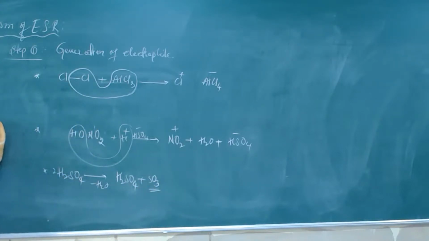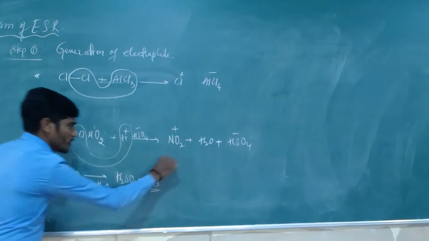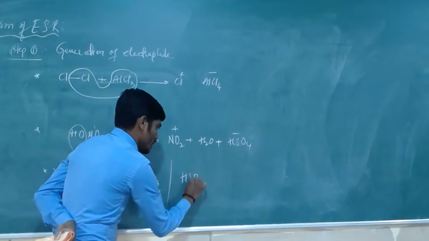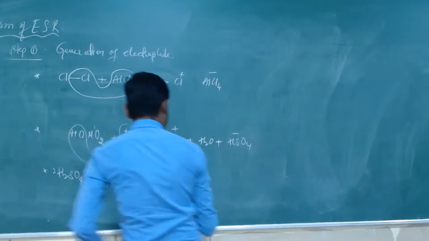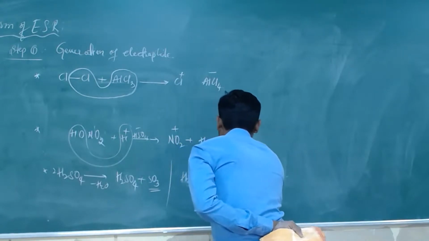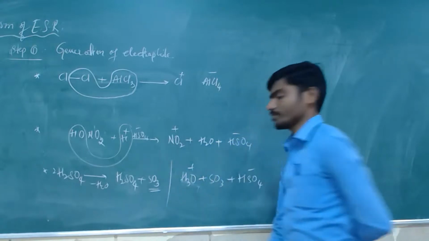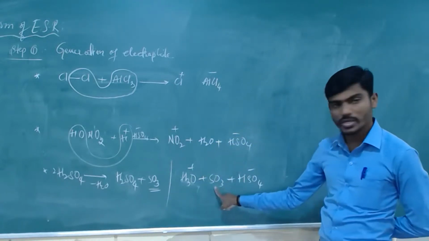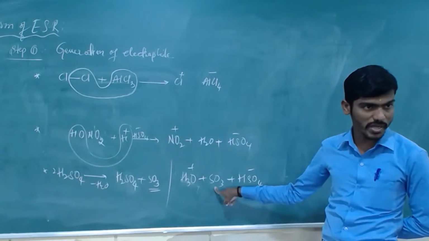Here it does not contain any charge; in the other cases there is a plus, but SO3 plus does not occur. From 2 molecules of sulfuric acid, we can write H3O plus, SO3, and HSO4 minus. So SO3 is the electrophile in the sulfonation reaction.